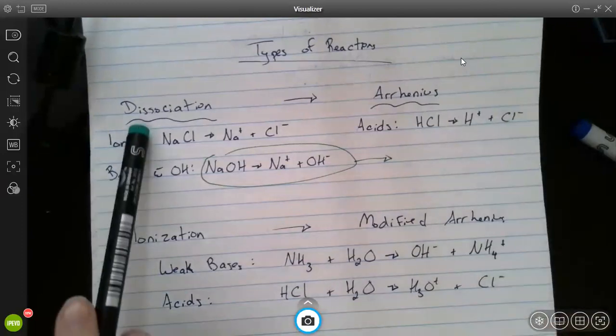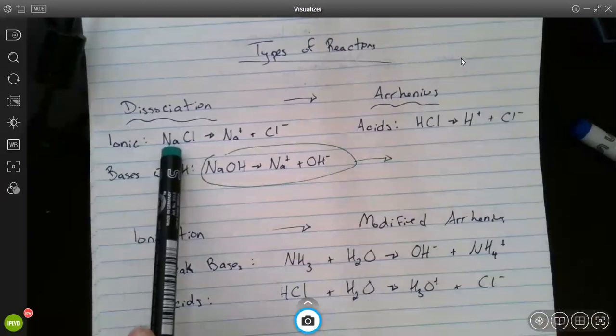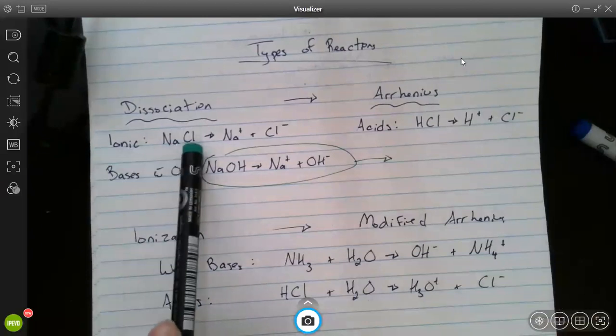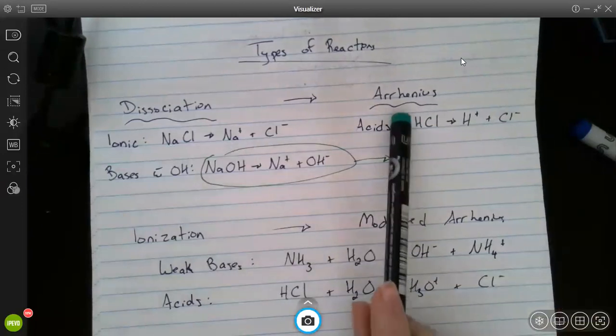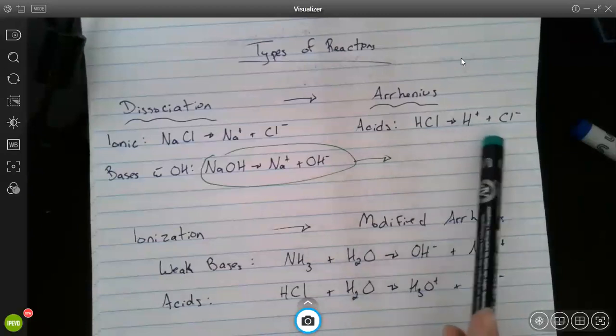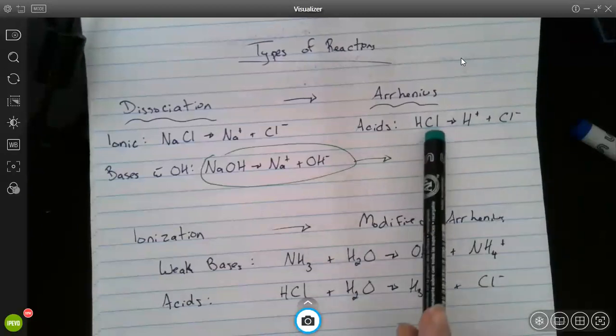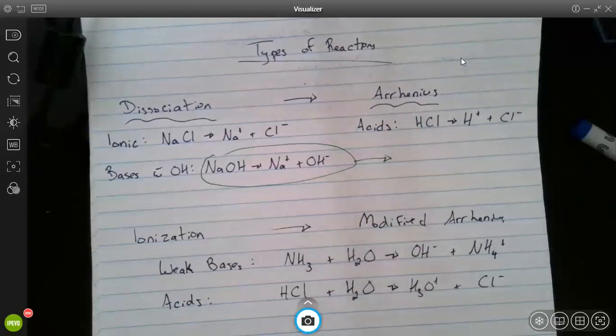This works the exact same way as dissociation reactions work for ionic substances, where we just take our ionic substance and break it apart into the two ions. With an Arrhenius equation, we take our acid and break it apart into a hydrogen ion and a chlorine ion in this case, or a hydrogen ion and then whatever the other non-metal is.